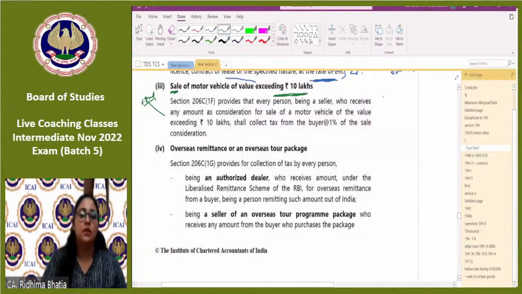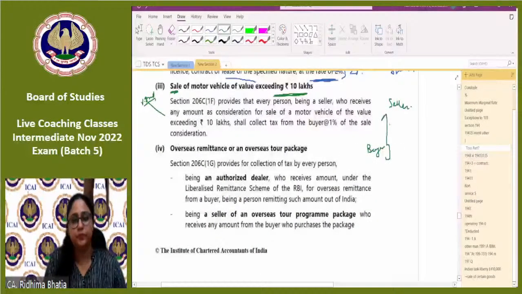So, who is the seller? Any person. Buyer, again, can be any person. They will make the payment plus the TCS amount. Okay.